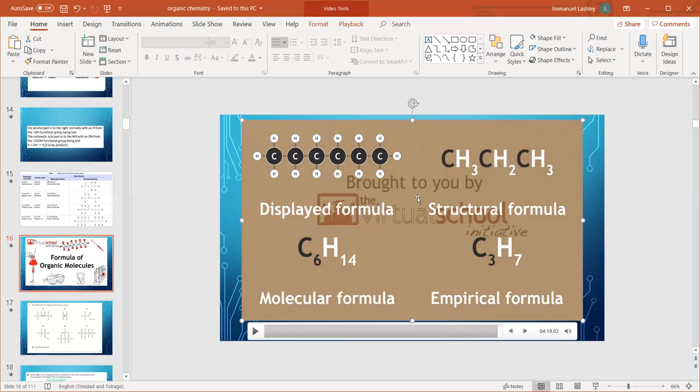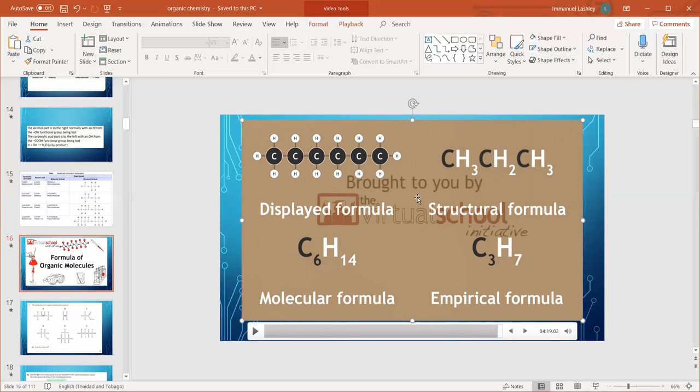It can either be a displayed formula where you actually see the carbons and the hydrogens that are present. It could be the molecular formula where it tells you the actual number of carbons, hydrogens, and oxygens. It could be the structural formula, which is a condensed version of the displayed formula. And we can have the empirical formula, which is the simplest whole number ratio.